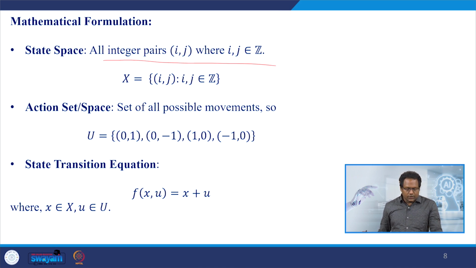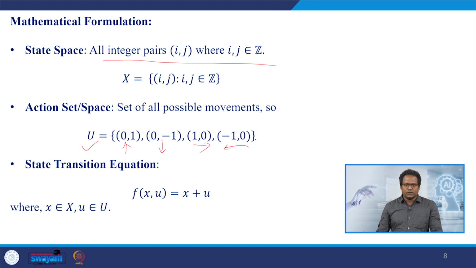The action space here is nothing but the set of all possible movements obtained through the action u, where U, capital U, is the set of go up from the current location, go down from the current location, go right and go left.